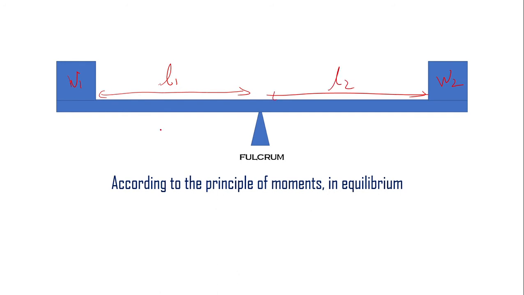Whatever torque is generated by the weights, we know torque is equal to force into distance. Weight 1 applies some force which generates some torque, and the length for it is L1. Weight 2 applies some force which generates some torque, and the length is L2. So torque 1 would be W1 into L1, and torque 2 would be W2 into L2.